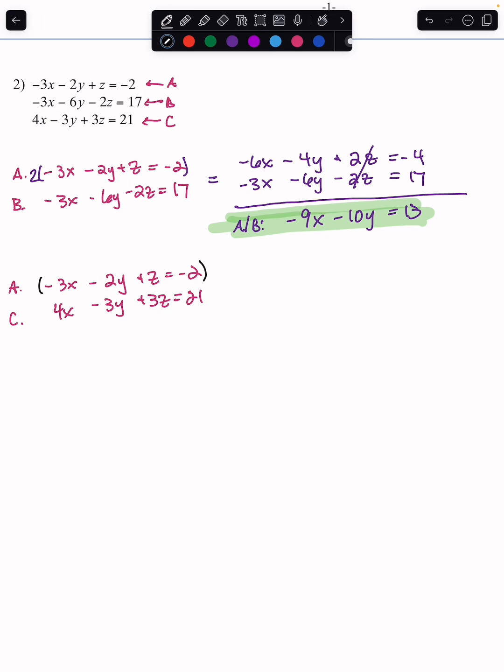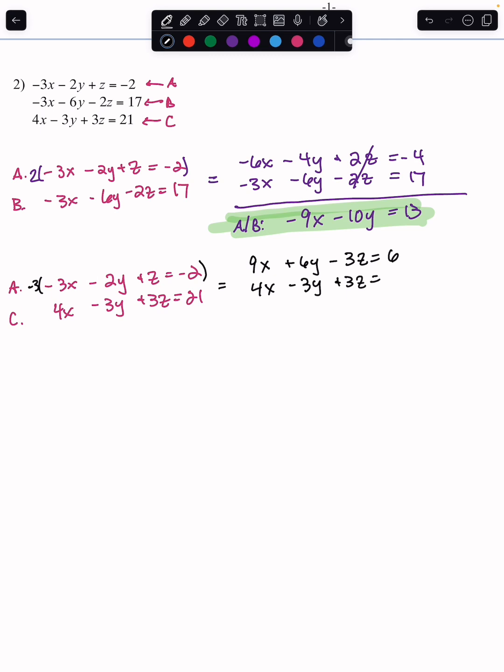And when I do that, I'm going to end up with 9x plus 6y minus 3z equals 6. And then on the bottom line, I'm going to end up with 4x minus 3y plus 3z equals 21, because we didn't do anything to the bottom.